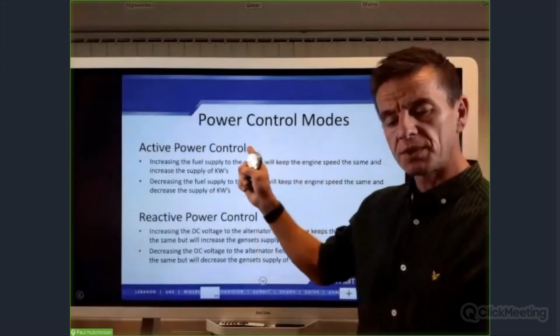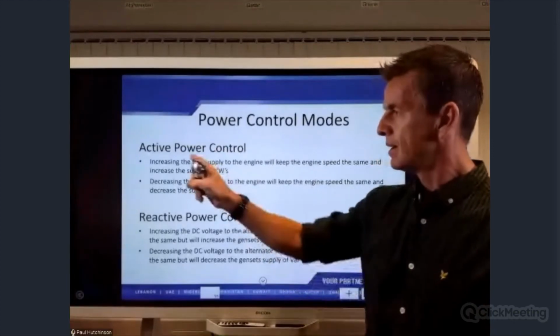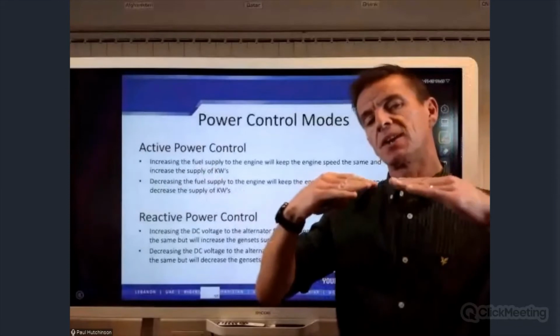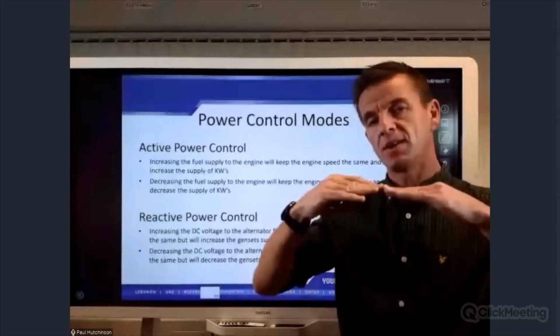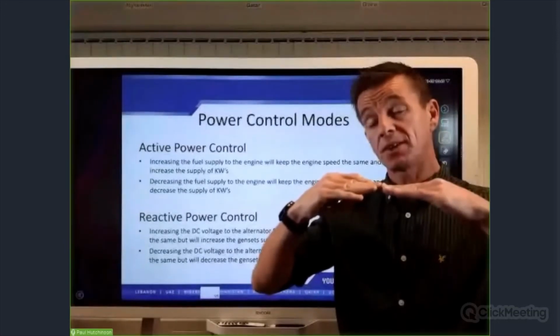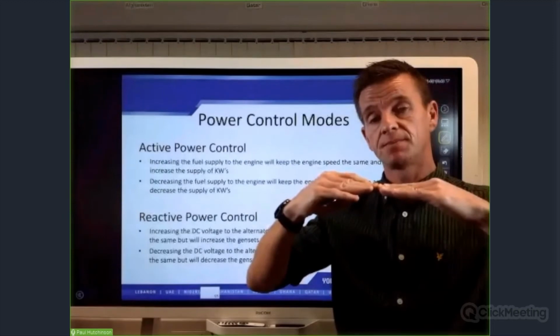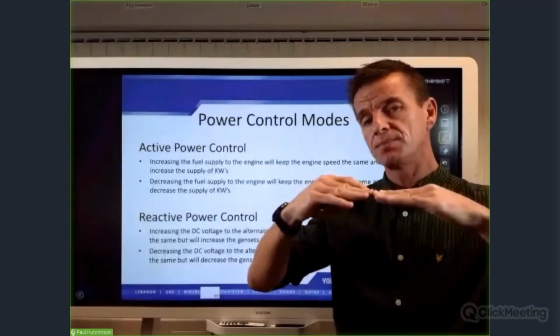So the control mode that we set in the Deep C controller, okay? So if we're in active power, even though the two systems are linked or synchronized together, okay, at the same frequency, once that breaker closes, the frequency for all purposes and intentions will be 50 Hertz. How does the genset take on load?